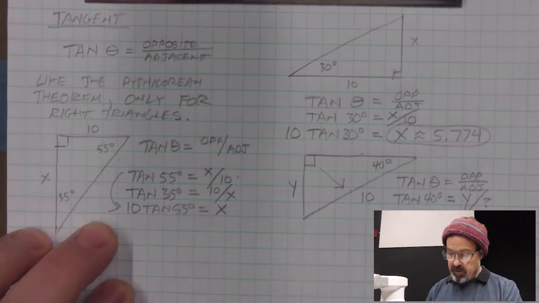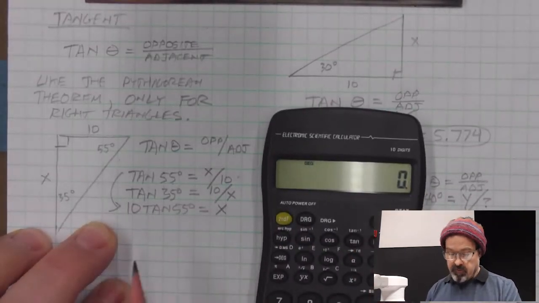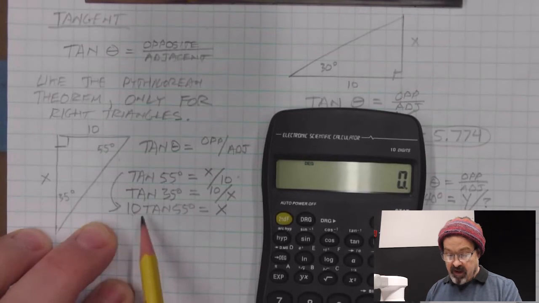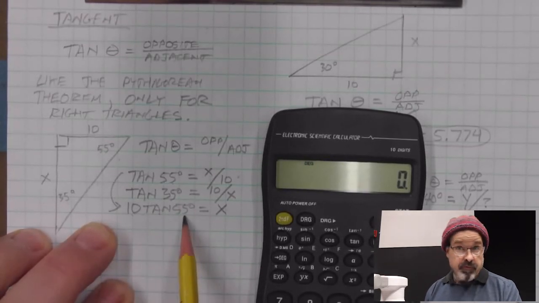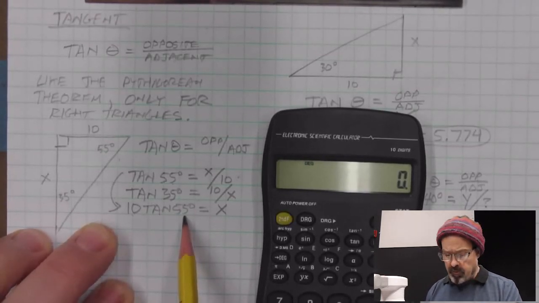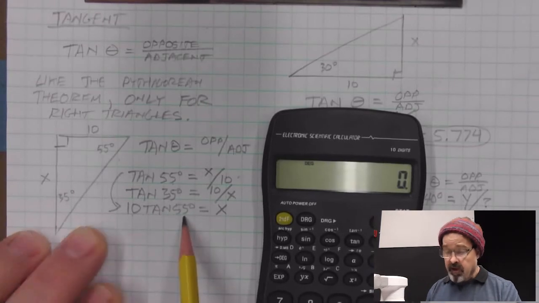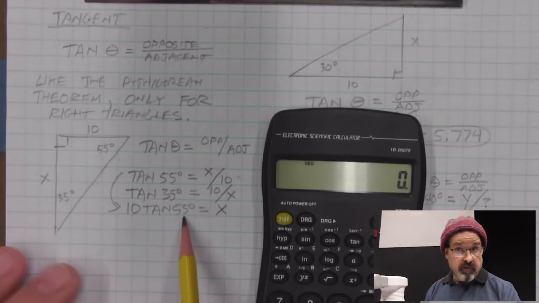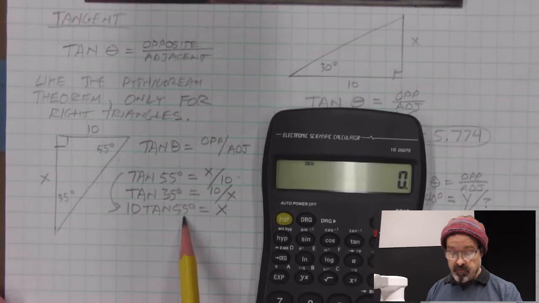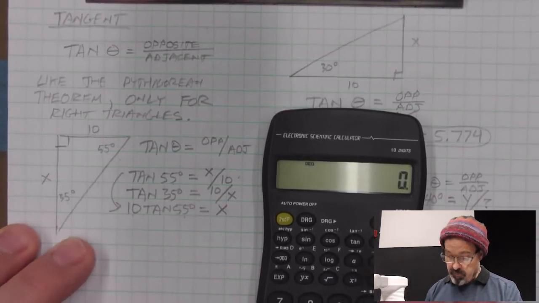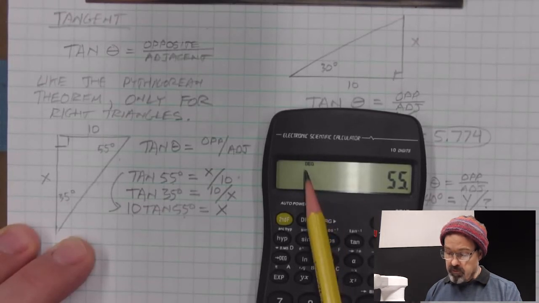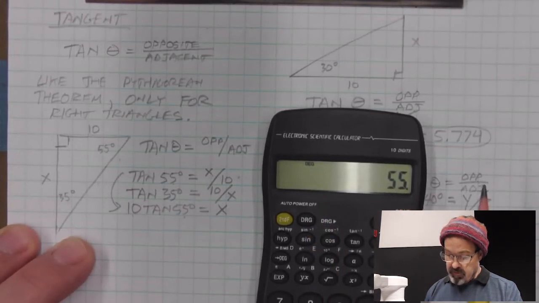And now I'm going to go to a calculator. This is going to be 10 times the tangent of 55 degrees. Remember, tan 55 does not mean you're multiplying. Tangent is a function in itself. So I'm going to first take the tangent of 55 degrees. My calculator is in degree mode. 55 is the angle.